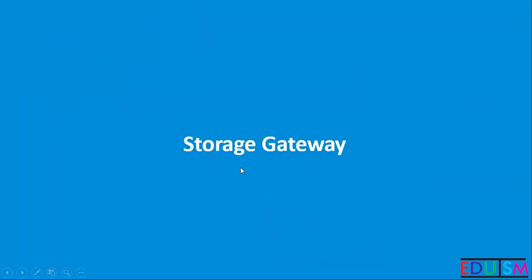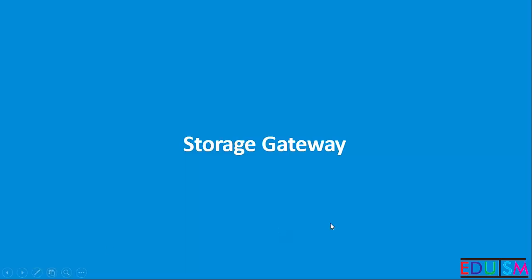So the first service is Storage Gateway. Now, what is Storage Gateway? You can connect your own data center with the cloud, so it basically provides a hybrid kind of infrastructure. It helps you with the hybrid cloud.